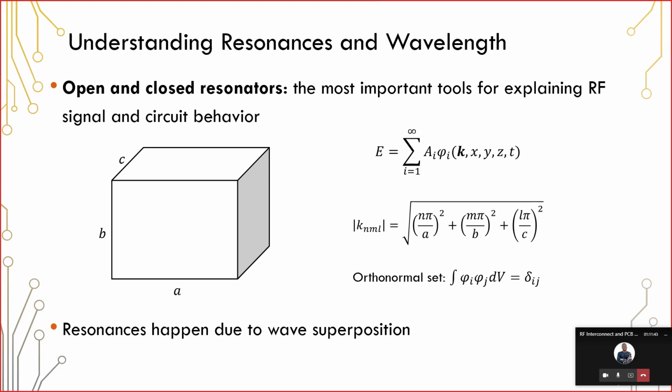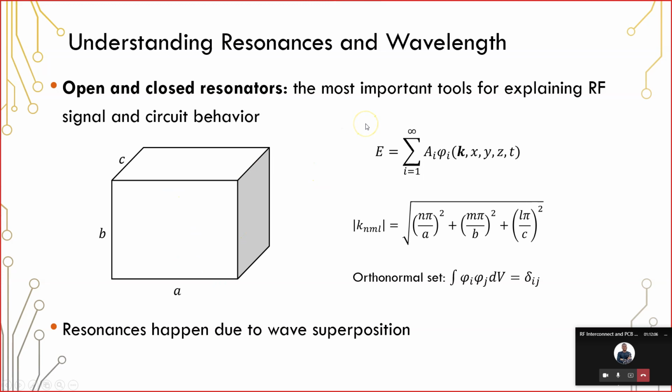However, if you have a closed structure like this, so let's just say we have a box, there are certain frequencies that will excite a resonance inside of this box. And inside that box, the electromagnetic field distribution will take a very specific distribution, and it will be very intense.